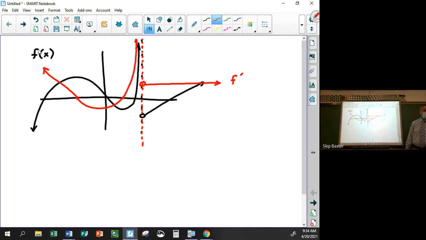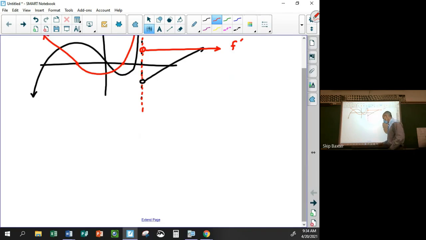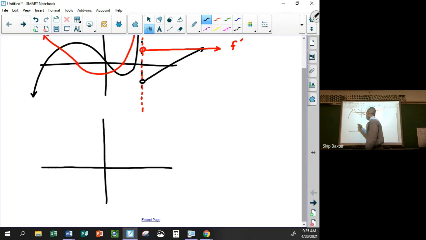Does that make sense? Now, if they gave you the derivative graph and they asked you to find f, my strategy is a little bit different for that. So say I have a graph, this is f prime of x.